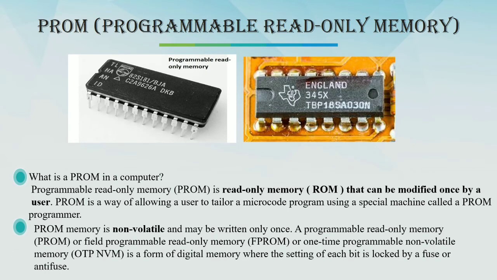PROM memory is non-volatile and may be written only once. A programmable read-only memory, also called Field Programmable Read-Only Memory, FPROM, or One-Time Programmable Non-Volatile Memory, OTP-NVM, is a form of digital memory where the setting of each bit is locked by a fuse or antifuse.